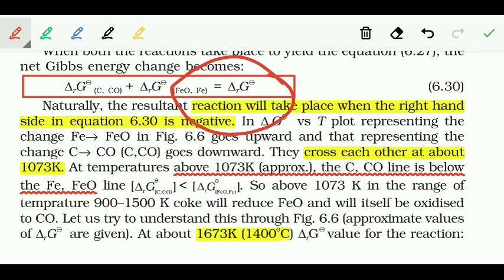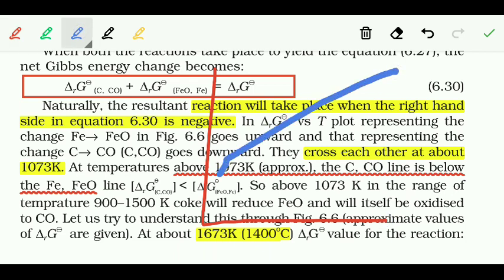If we have a delta G in positive terms, then there is no possibility of the reaction. In a delta G naught versus temperature plot representing the change of Fe to FeO as shown in the figure, the line is upward and the one representing carbon to carbon monoxide goes downward. We know that for most metals the line in the Ellingham diagram is on the upward side, while in the case of carbon monoxide the line is on the downward side.